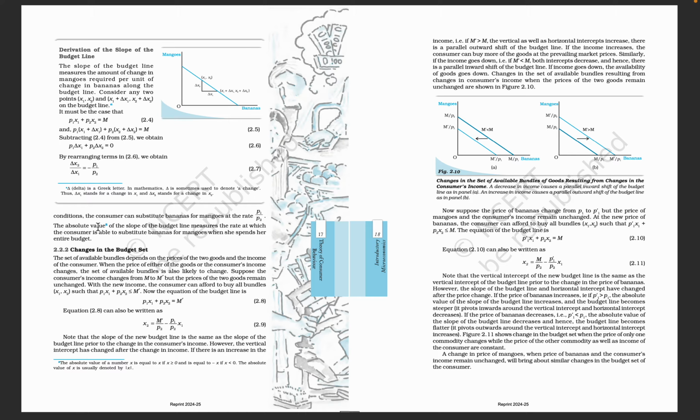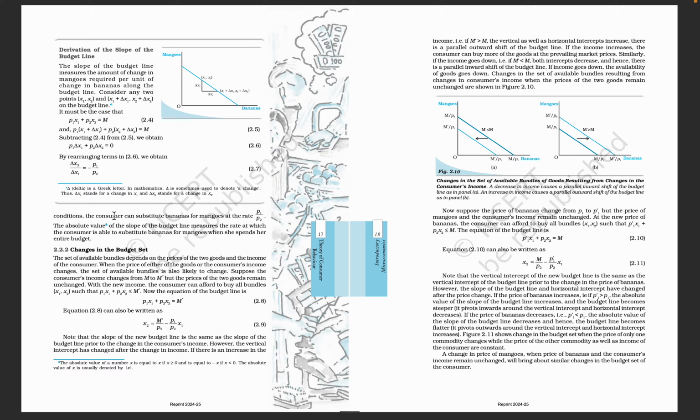If the price of bananas decreases, that is, P1 prime is less than P1, the absolute value of the slope of the budget line decreases and hence the budget line becomes flatter. It pivots outwards around the vertical intercept and the horizontal intercept increases.